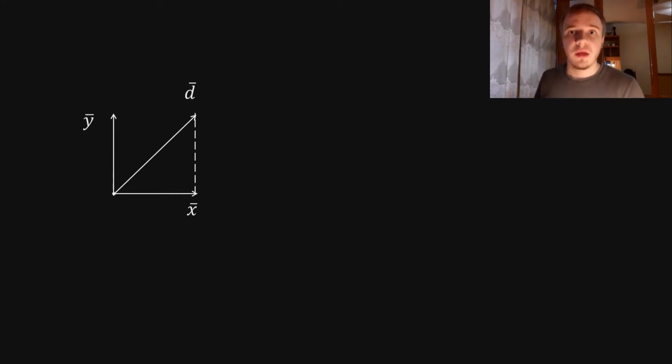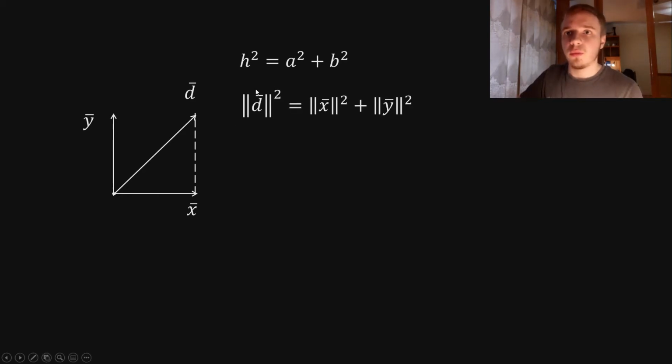And here we have a triangle, and using the Pythagorean theorem we can easily calculate the length of the d vector. So the vector surrounded by two vertical lines means the length of a vector.